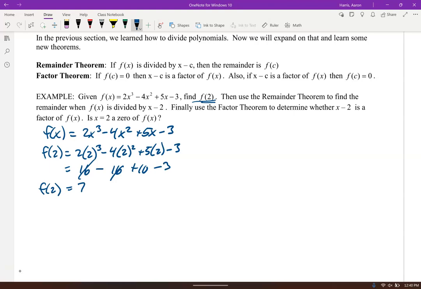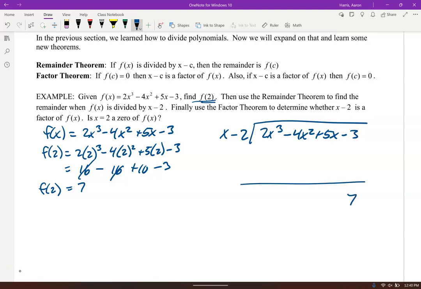Right? In other words, this is saying if you took 2x cubed minus 4x squared plus 5x minus 3, you divided it by x minus 2, then you're going to get down here a remainder of 7. Right? That's what it's saying. Well, if the remainder is not 0, is x minus 2 a factor then?